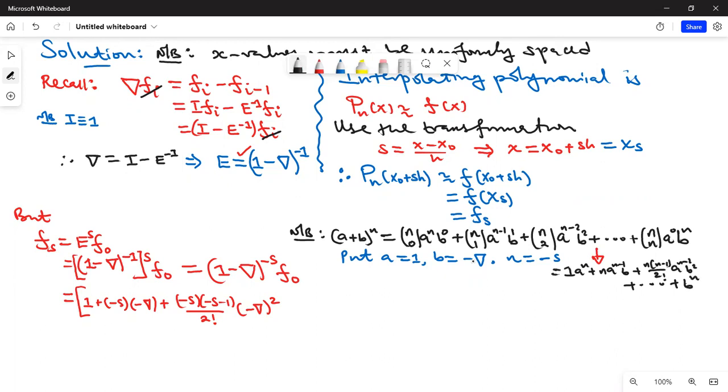That's what it means. So that's what I'm replacing. Where there is a, you put 1, b is negative delta, and n is negative s.